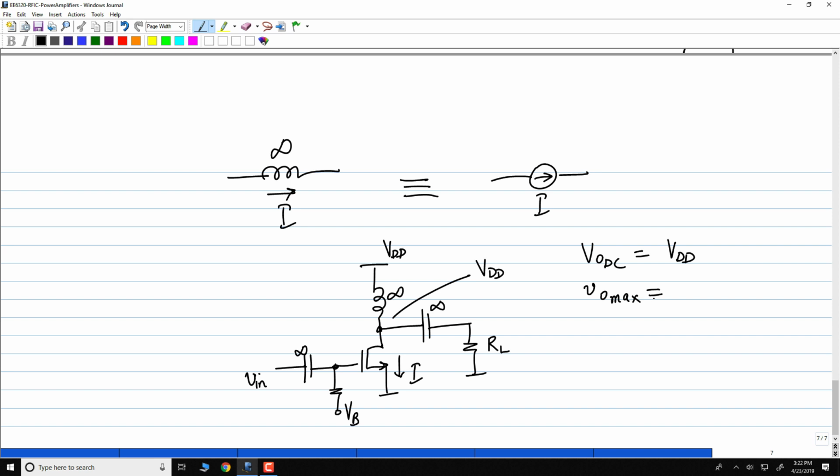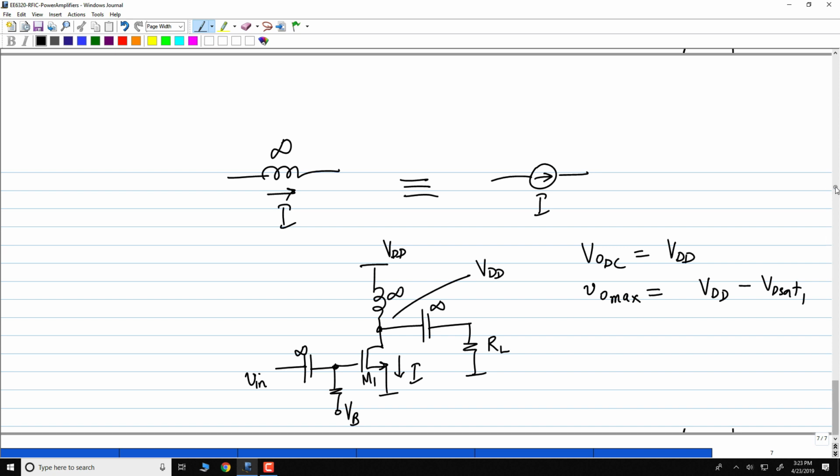There is absolutely no swing limitation on the upper side. It's only on the lower side where you have the transistor. So the maximum amplitude is VDD minus VD sat of M1. Is that okay? Any questions? On the upper side there is no limitation, so the lower side limitation will fix it. If you do this till this point, the circuit will be almost linear.